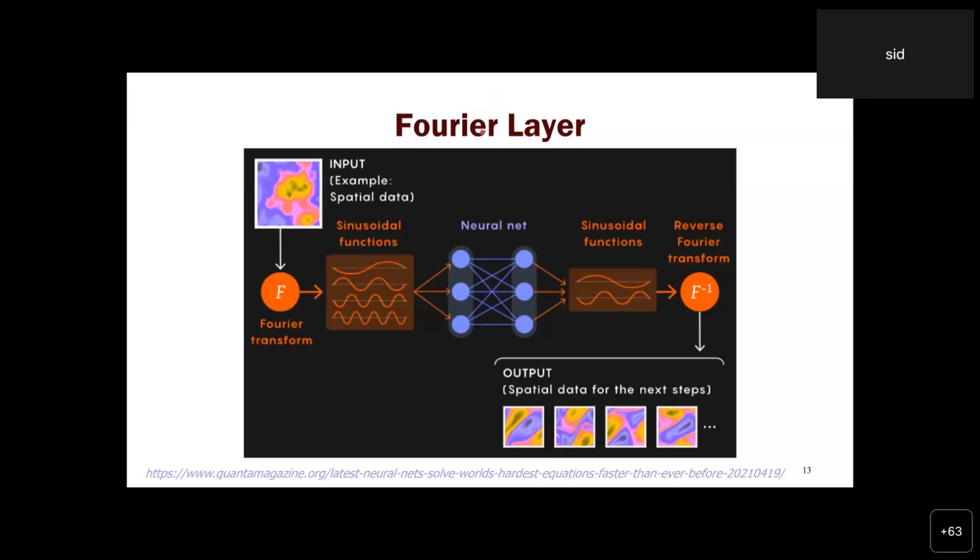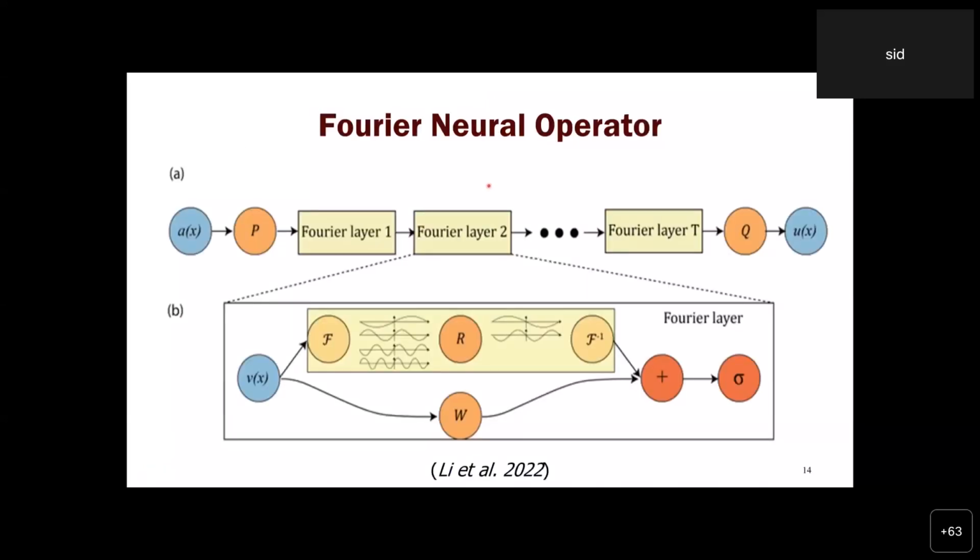So what I'm showing you here is a Fourier layer, which is the core of a Fourier neural operator. So this operator can be simply represented as a set of input coefficients that is first lifted into a high dimensional representation. So this is a set of neural networks that represent the input in a high dimensional space. Then we have a bunch of Fourier layers that work on this high dimensional representation.